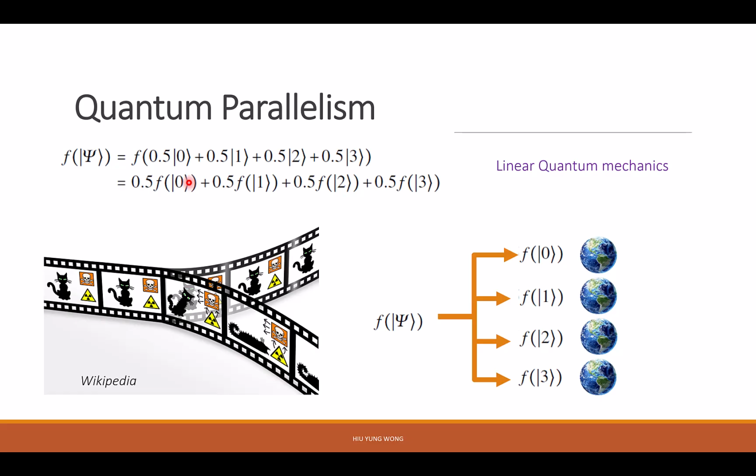After you do the measurement for multiple qubits, you need to renormalize your wave function so that its length is 1. Later you will learn that these are just vectors. So it basically means that all the states are unit vectors. You cannot have a non-unit vector. Otherwise, it will violate the physics.